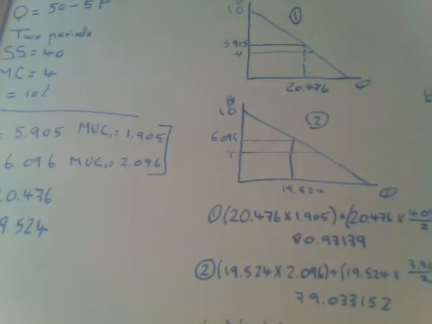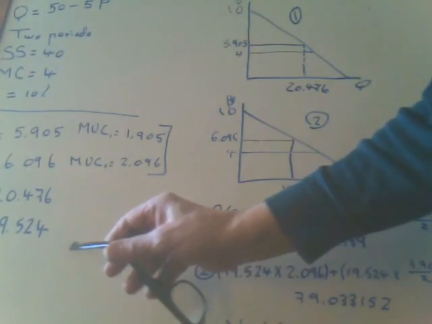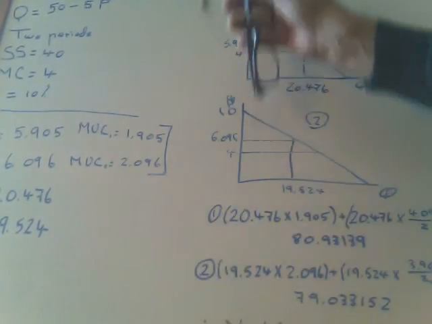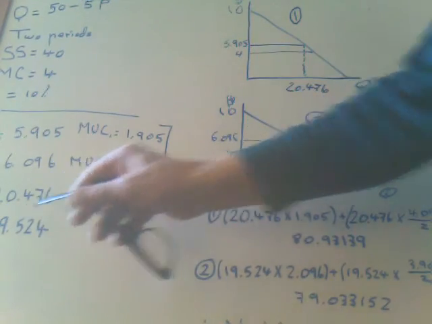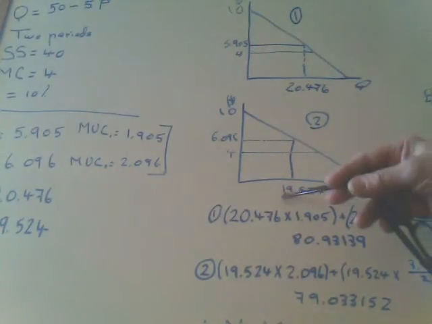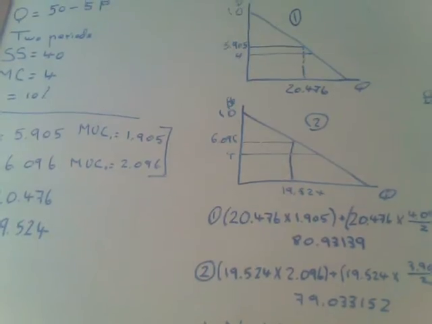If it is greater, it means that the current period, the present, is growing at the expense of the future. Now that violates this principle of sustainability. So we know, according to what we have been talking about earlier, that this allocation of 20.476 in one and 19.524 in the second period is efficient.